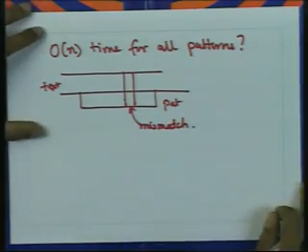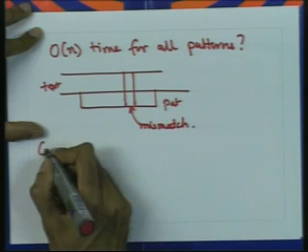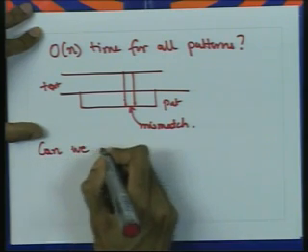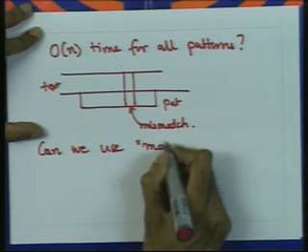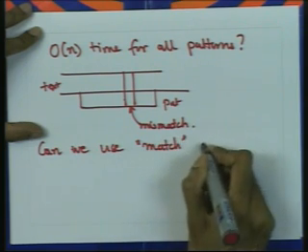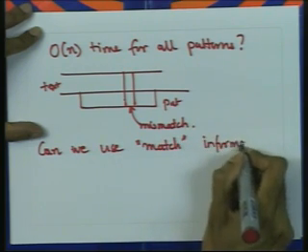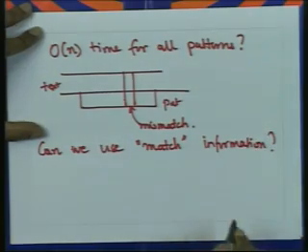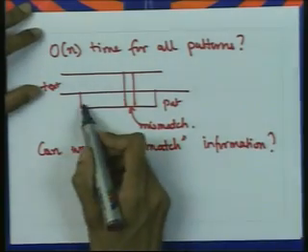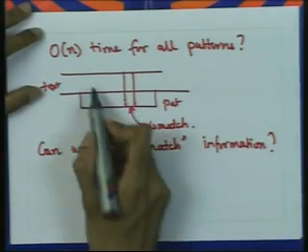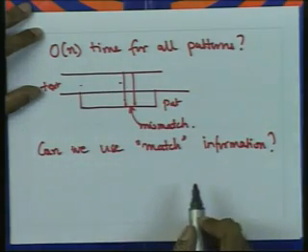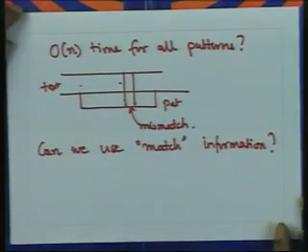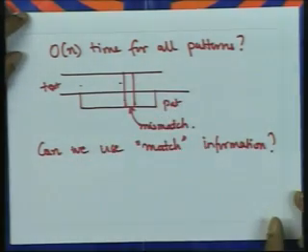So this is what we would like to use. Can we use the match information, which means the information that this portion of the string actually matches this portion of the text? Can we use this? This is what we would like to do, somehow use this information.